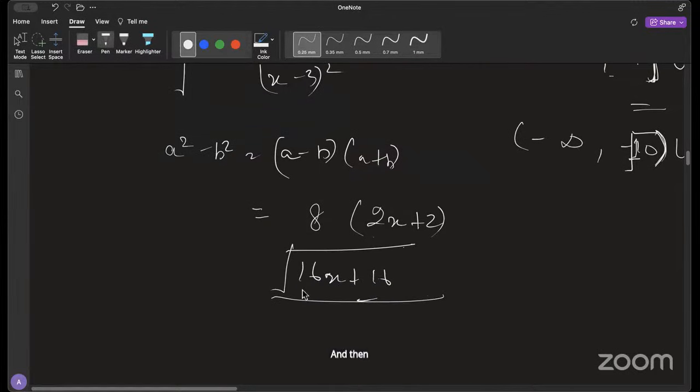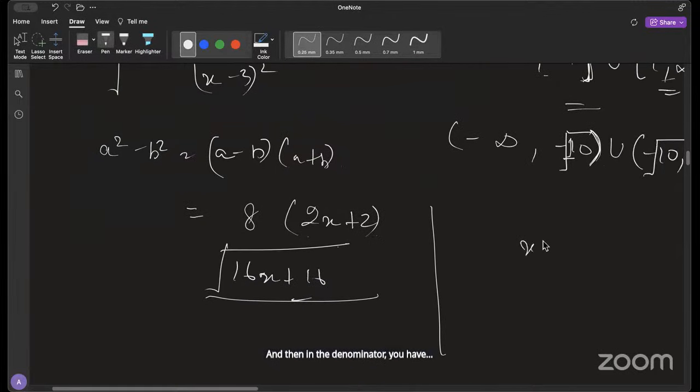In the denominator, when you have x square and square root of x square, you write it as mod x, not as it is.